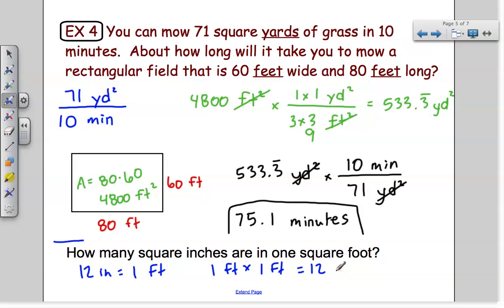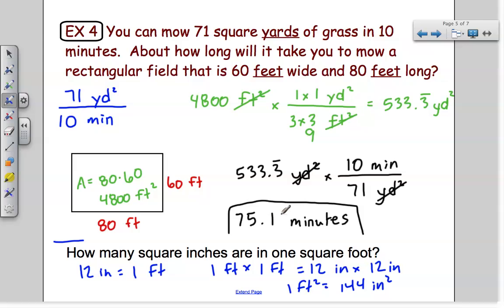And that means that first foot has 12 inches by another 12 inches in that foot in both directions, right? So 12 by 12, 1 square foot has 12 times 12, or 144 square inches.